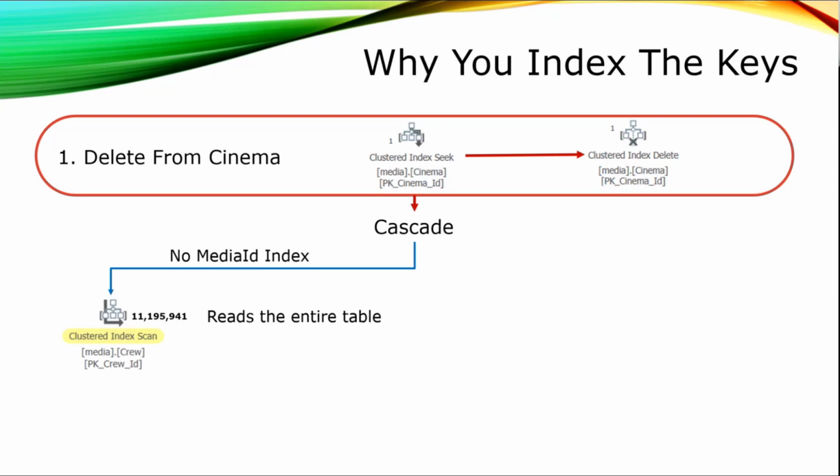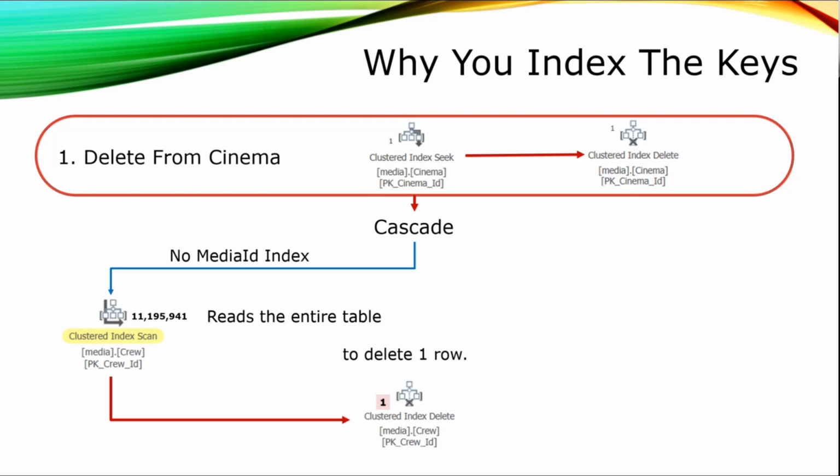Yikes. Our process ends up reading the entire table because that ingress between cinema and crew is the media ID, right? Each crew is tied to a movie, a TV, an episode, right? So we're doing this full table scan to get rid of one record.